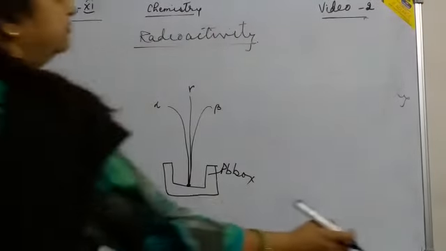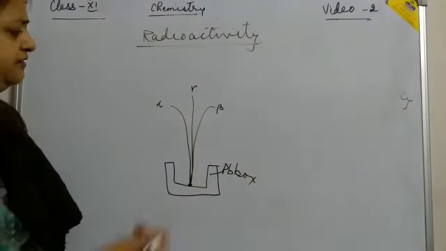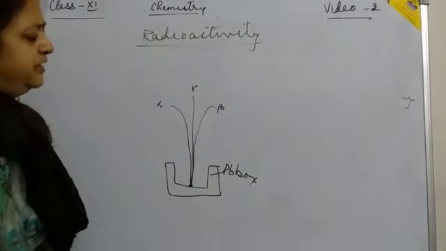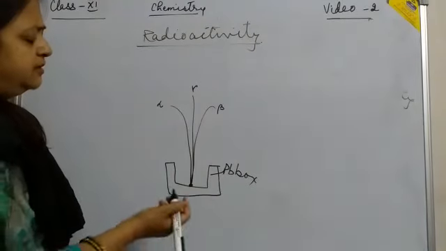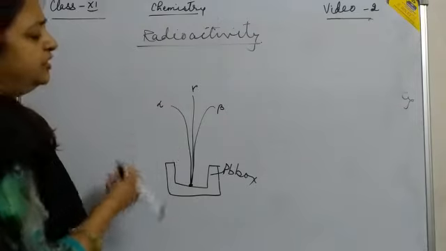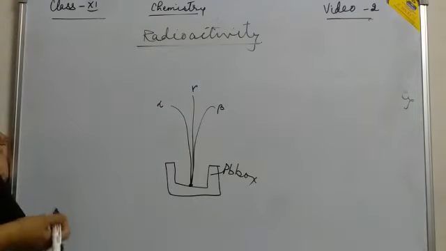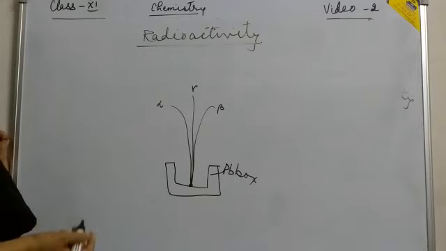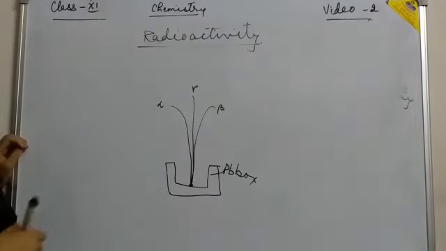Not necessarily each and every radioactive element emits all these three rays. Some elements can radiate only alpha, some only beta, some alpha, beta or gamma, or some alpha, gamma or beta.